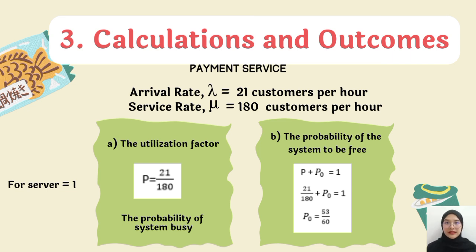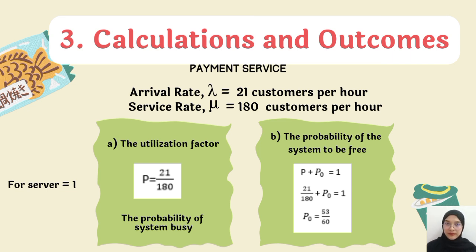So for part B, probability of the system being free. To find the probability that the system is free, we use the equation P plus P naught equals 1. Here, P naught represents the probability of the system being free. Substituting P equals 21 over 180, it becomes 21 over 180 plus P naught equals 1.